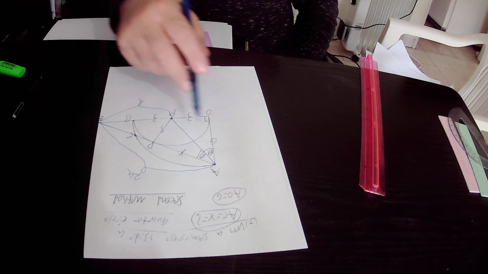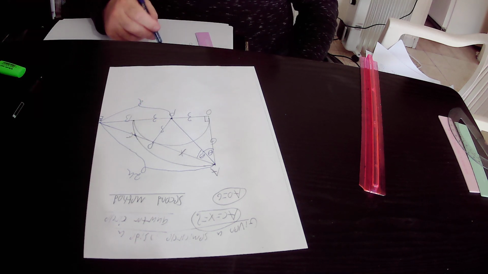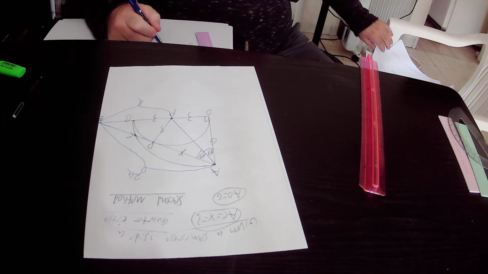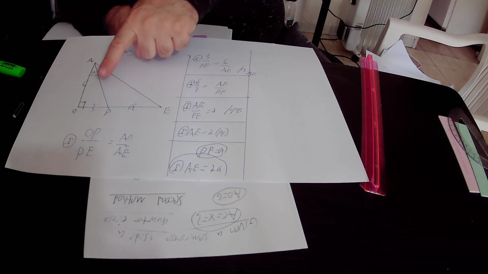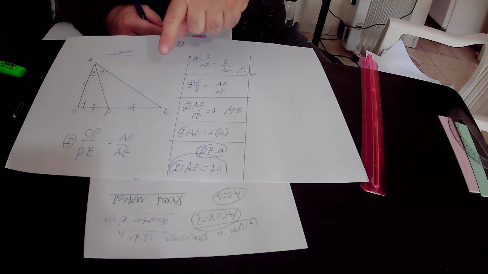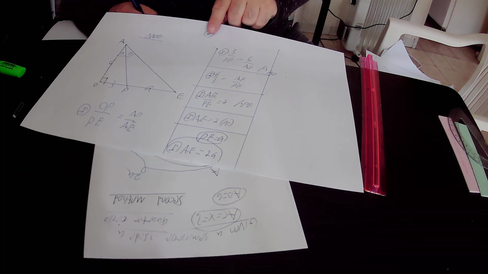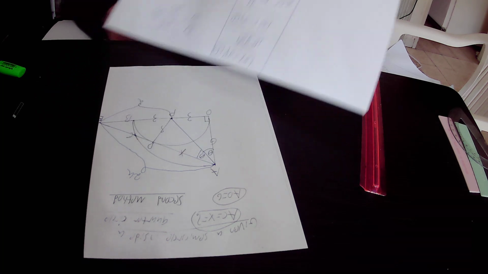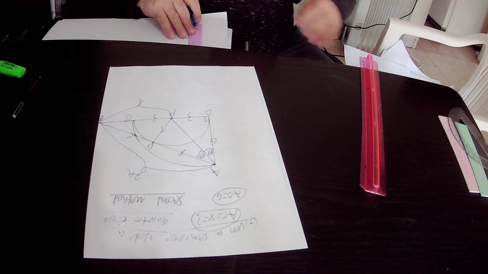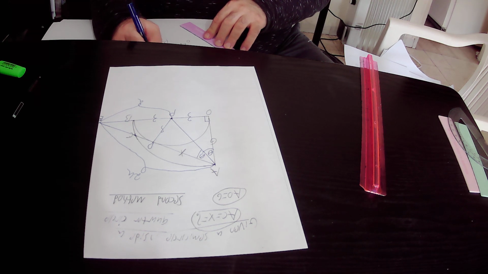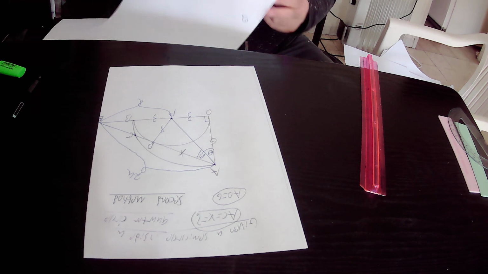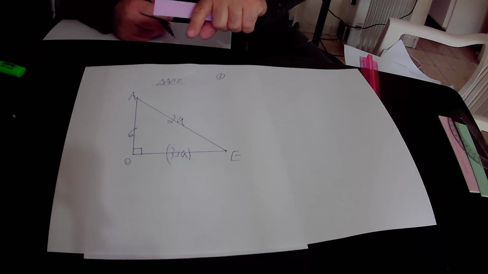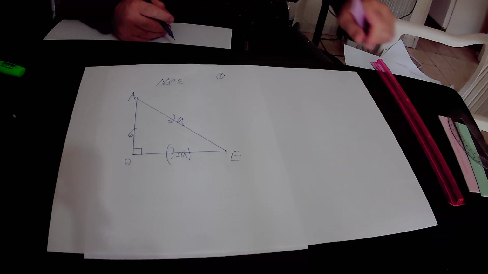We have already found out that AE equals 2A. And here side OE equals 3 plus A. So this is the right triangle AOE that I copied from the original drawing.